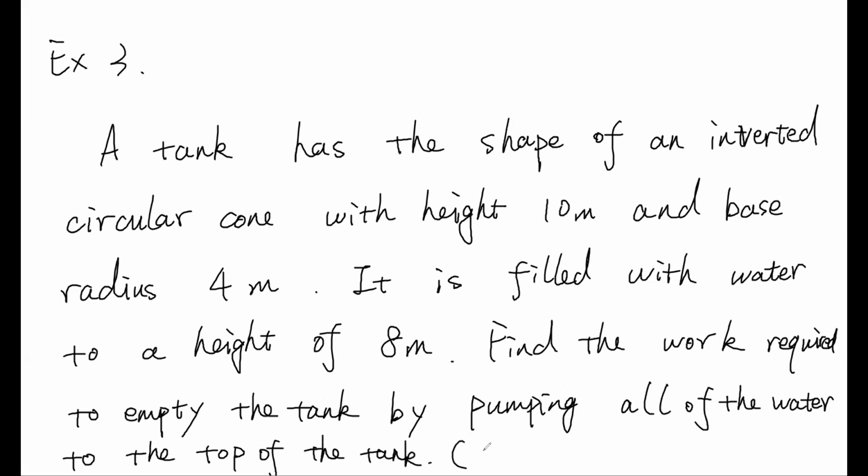Here we assume the density of the water is 1,000 kilograms per meter cubed, and the gravitational constant is approximately 9.8 meters per second squared.